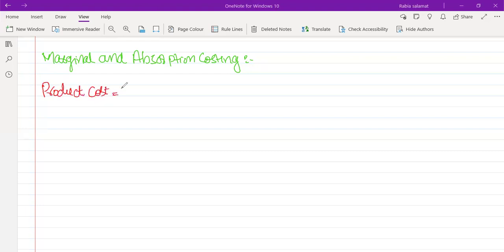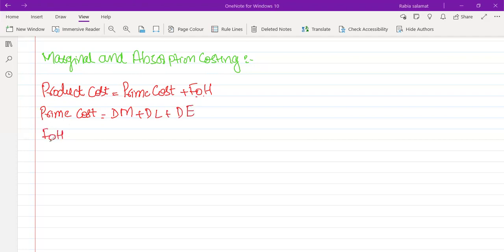Product cost is equal to prime cost plus factory overheads. What is your prime cost? Direct material, direct labor, and direct expenses.